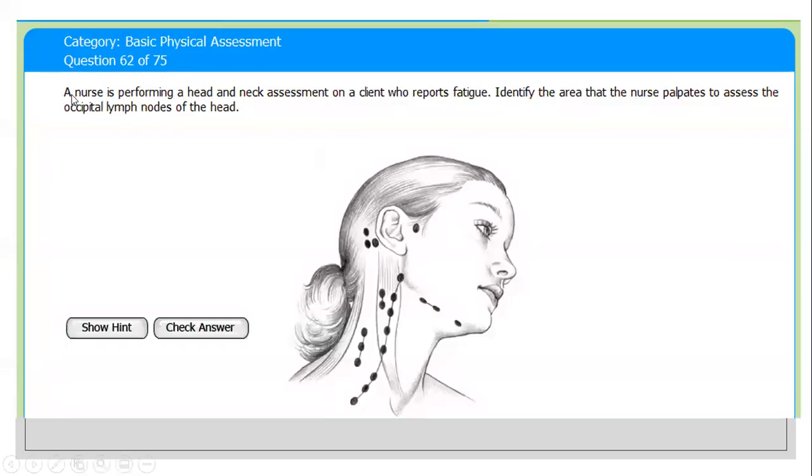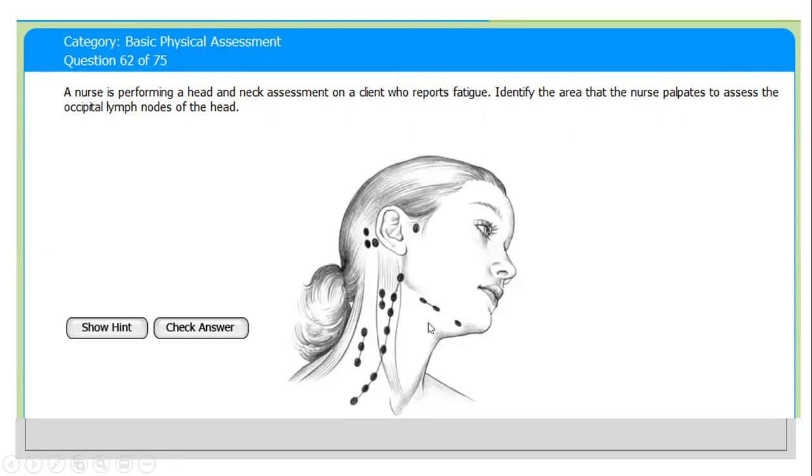The first question: a nurse is performing a head and neck assessment on a client who reports fatigue. Identify the area that the nurse palpates to assess the occipital lymph node of the head.